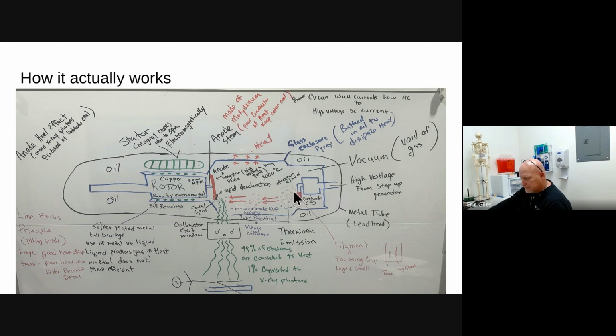I should note that there is a focusing cup right here, and it helps focus the electrons towards the anode. So the electrons are traveling across the X-ray tube, and they hit the anode plate right here, or the focal spot, or the target, the anode target, that black little thing right there. What happens is there's a rapid deceleration, when the electrons hit the atoms of the anode, and we get either Bremsstrahlung radiation or characteristic radiation.